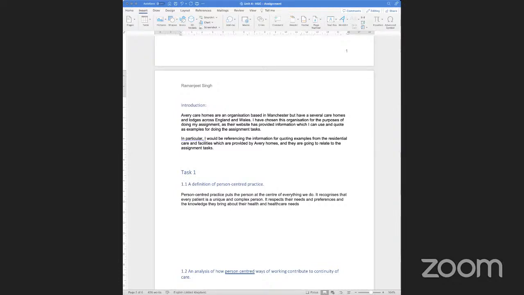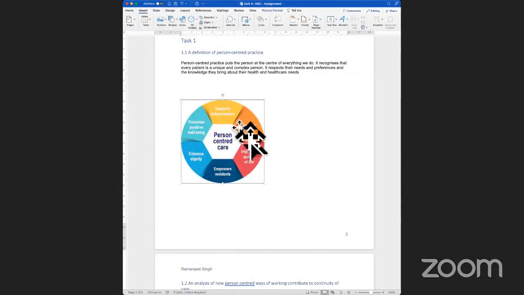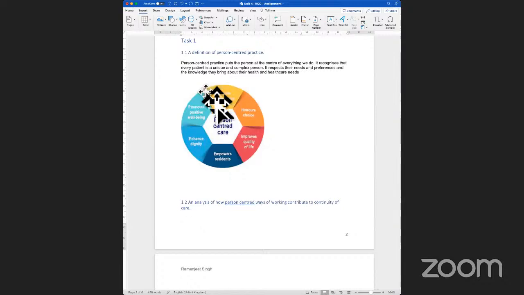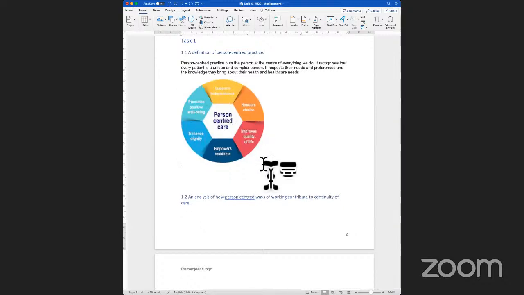That example of an image, when I talk about person-centered approach, or person-centered care, basically talks about the 6 basic principles which are included, covering this particular task.